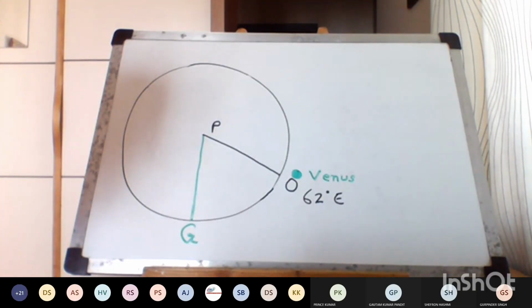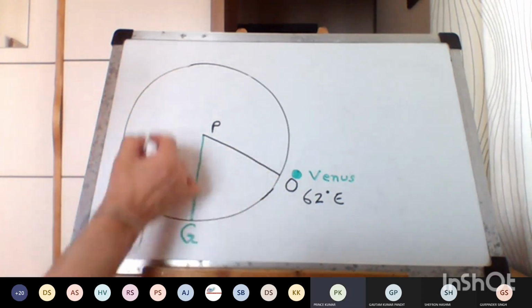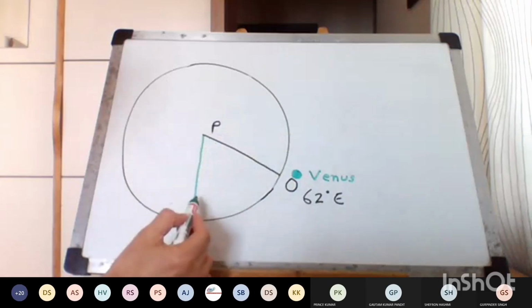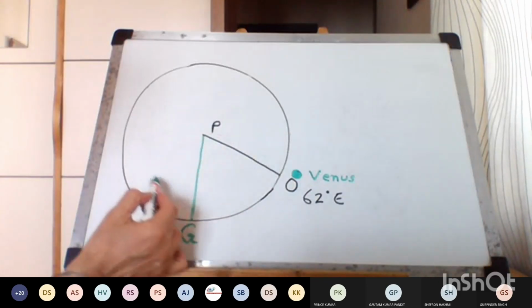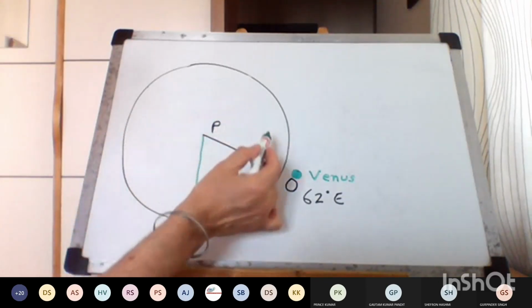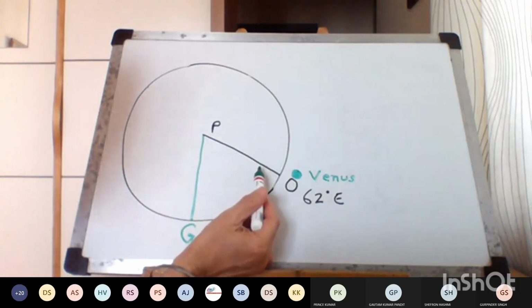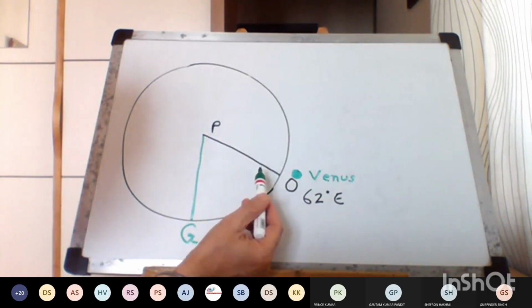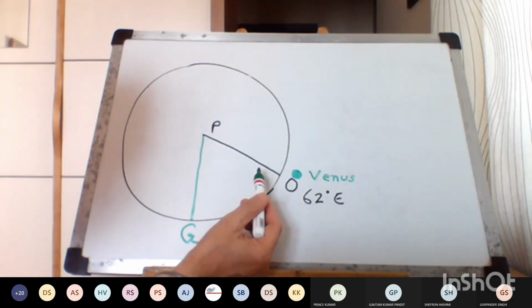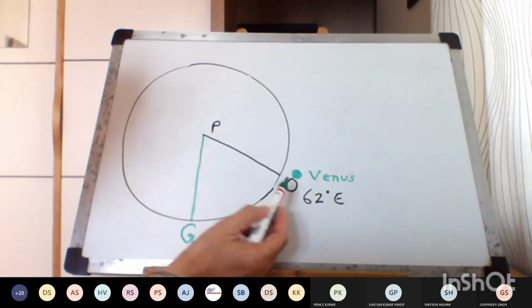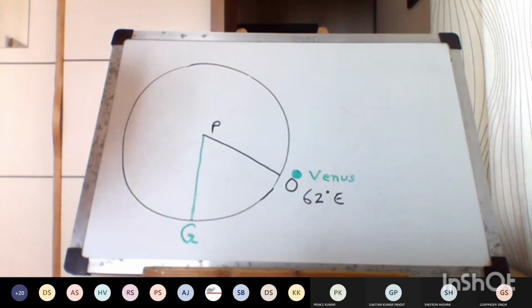Yes or no? Venus is going around the pole. Venus may cross the meridian of Greenwich, Venus may cross the first point of Aries, Venus may cross the meridian. Observer, you are standing on the ship somewhere and you see Venus crossing your meridian. So both are on the same meridian, the observer's meridian. This point is clear with everyone?